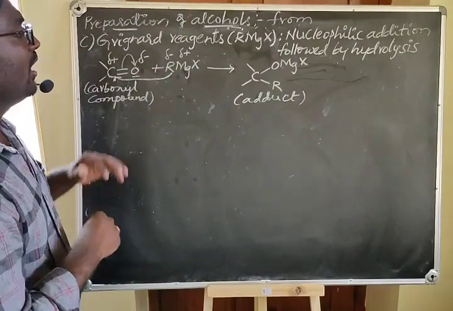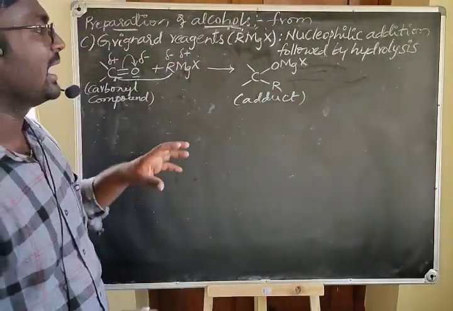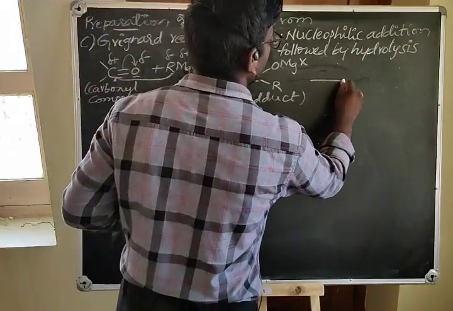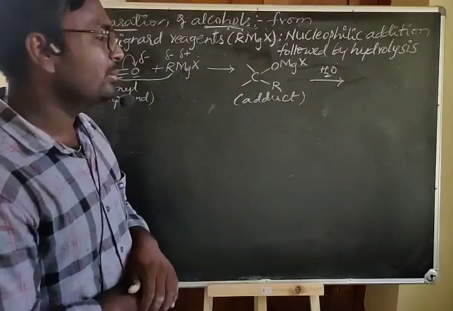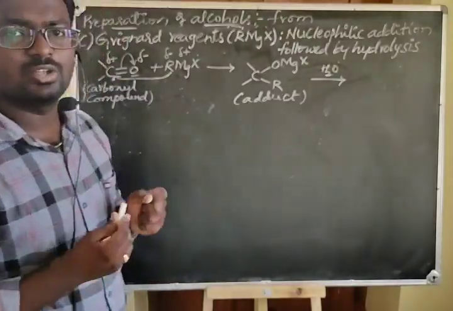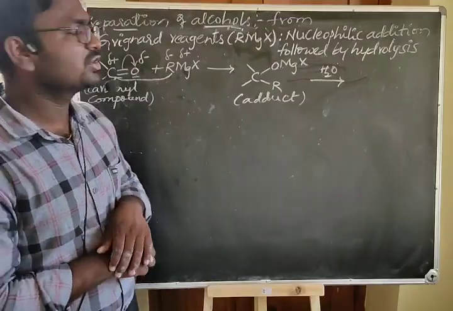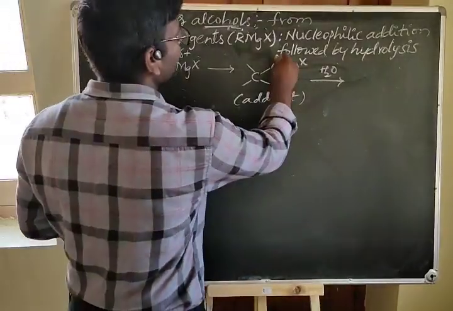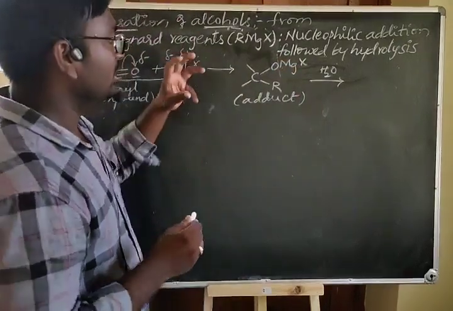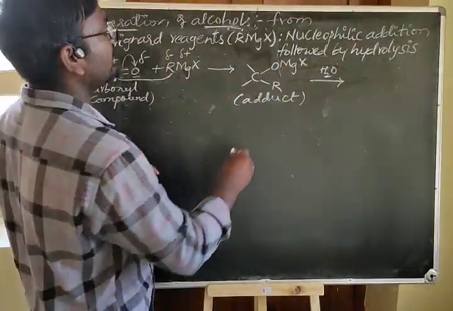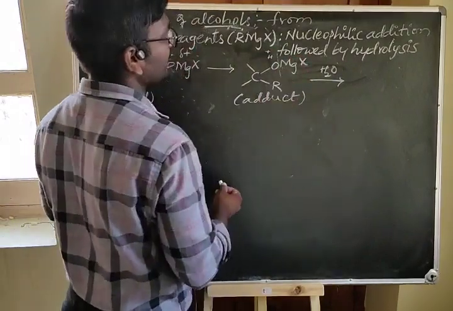Now after getting this, if you do the hydrolysis, that is addition of water to this, what happens? Water is nothing but two parts, the H plus ion and OH minus ion, and at this place the bond gets broken. It takes the H plus ion and it takes the OH minus ion.